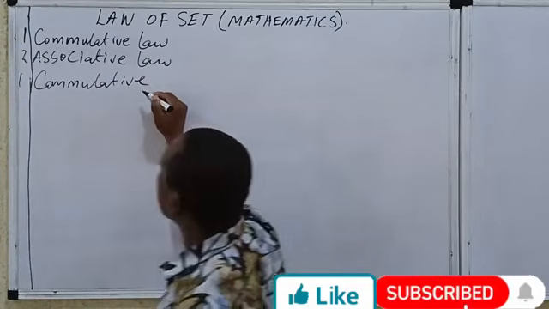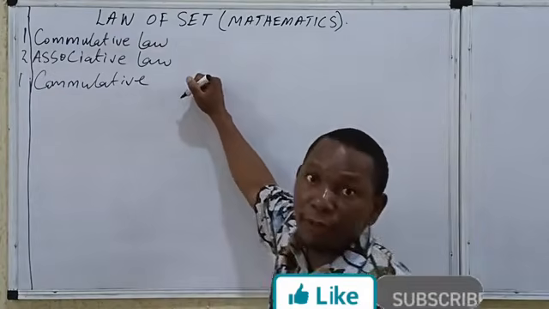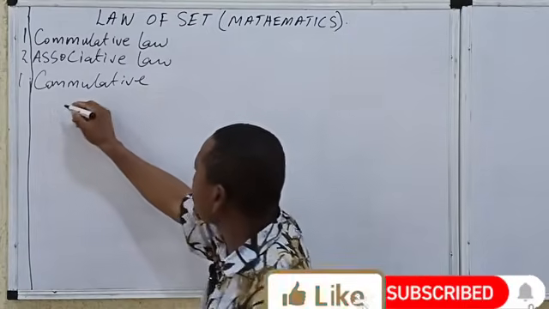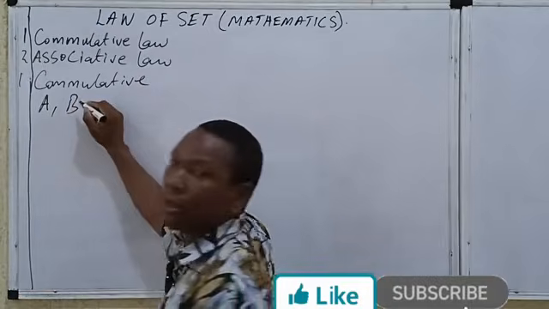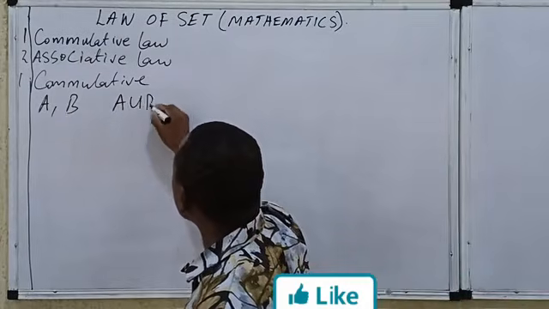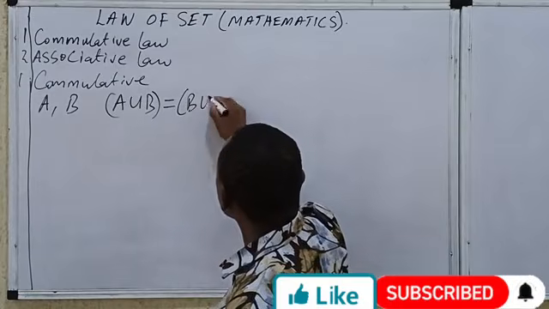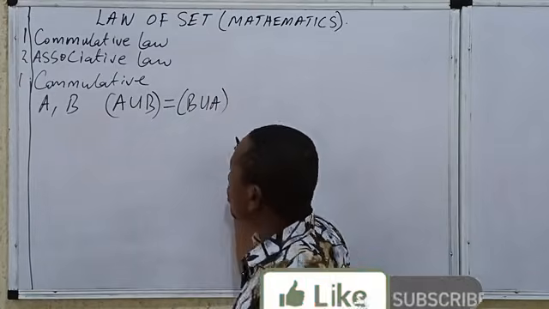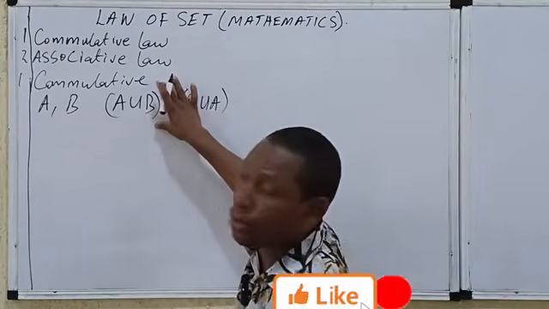Now, the commutative law simply implies that in a pair of sets, A and B, A union B is equal to B union A. This is when you are dealing with the union operation.